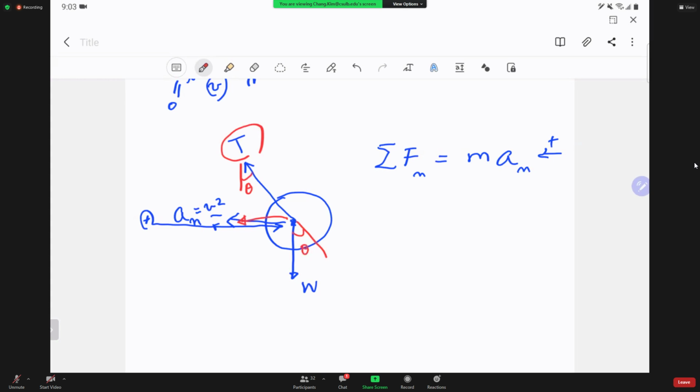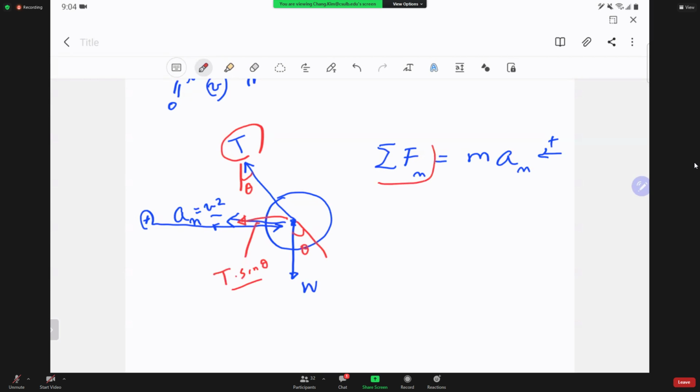So in this case, this component is T times the sine of theta. Okay, I have to be a little bit careful. I goofed just a minute ago, sine and cosine.